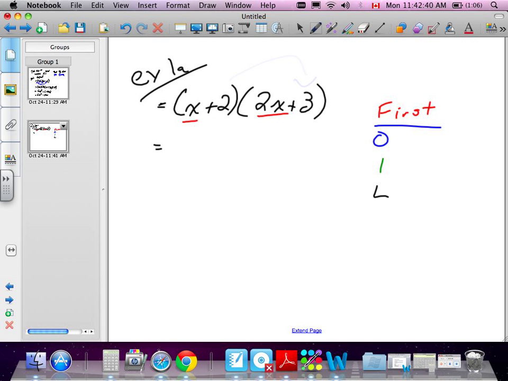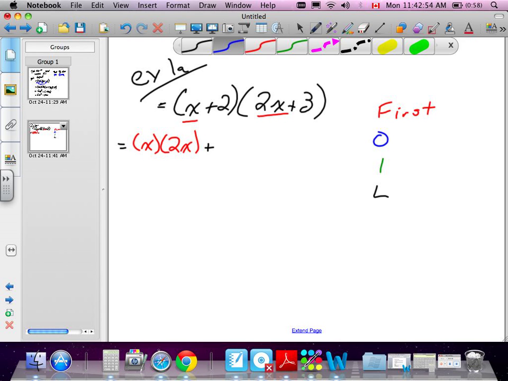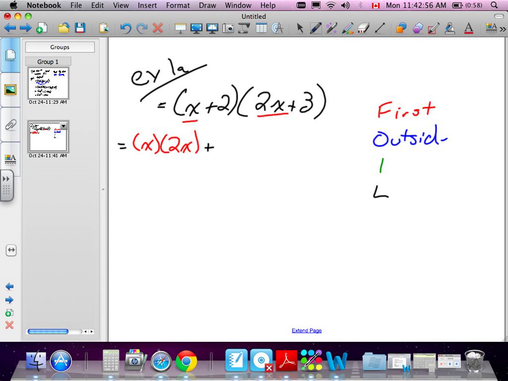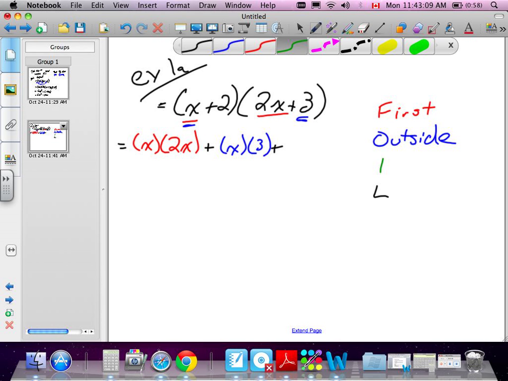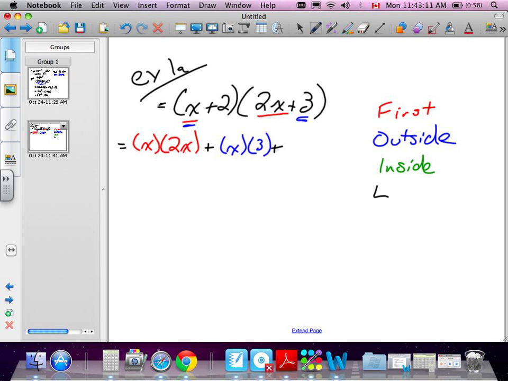I'll be multiplying x times 2x. Then I'm going to add. O stands for the outside terms. The two outside terms would be x and 3. So I'd be multiplying x times positive 3. Then I'll add. I stands for the inside terms. The inside terms are opposite of the outside terms.